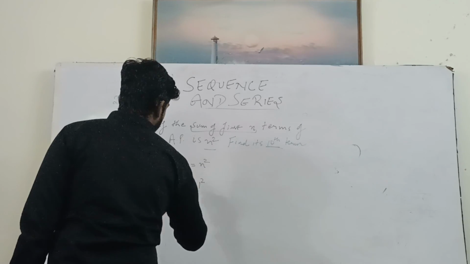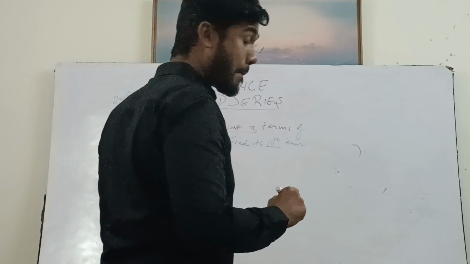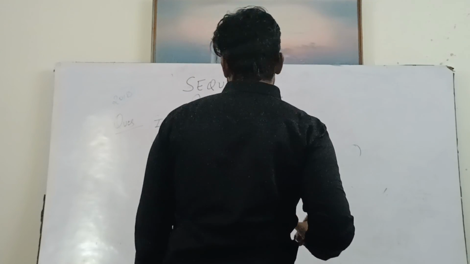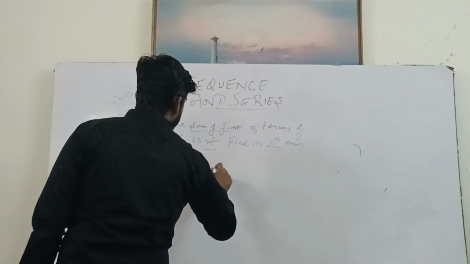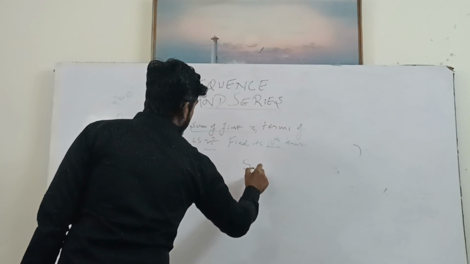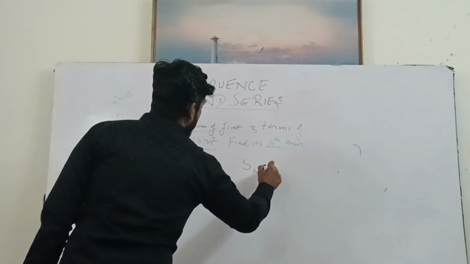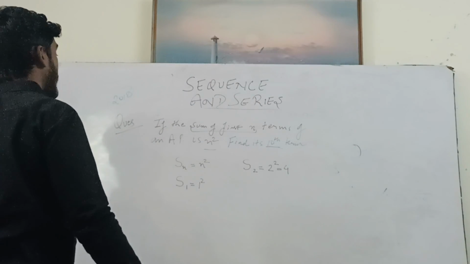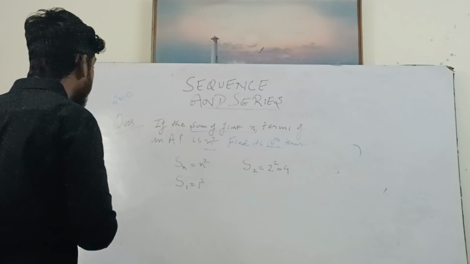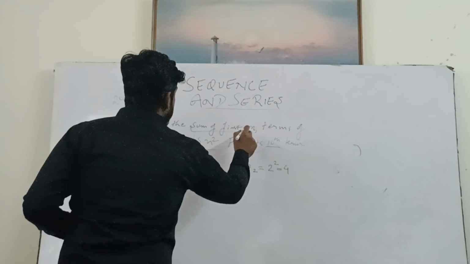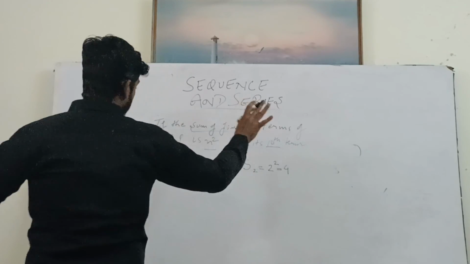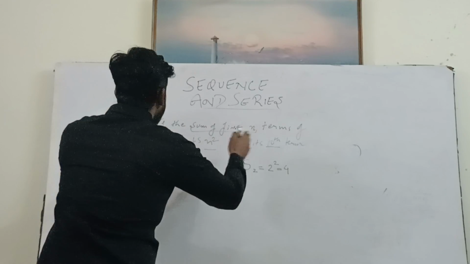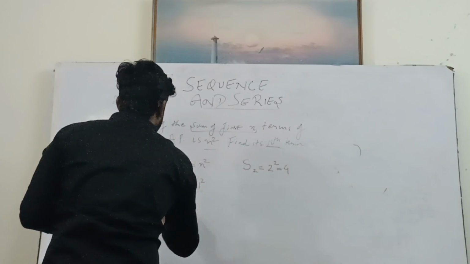1 square, isn't it? What will be the value of S2? Just asking that S2, so put n is equal to 2, this becomes 2 square which is equal to 4. Now put n is equal to 1, so sum of first term of an AP is 1 square.